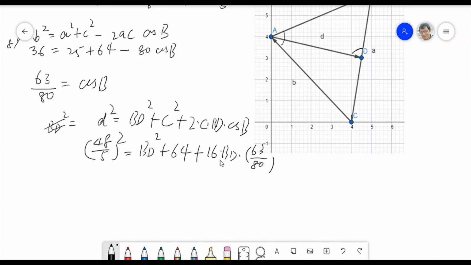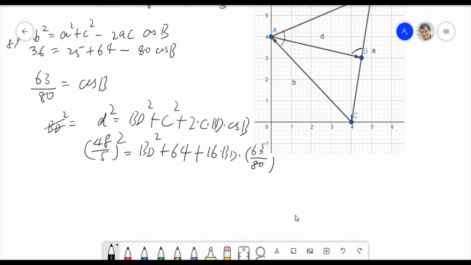Plus 16 times BD times 63 over 80. 16 times 8 is, yeah, this is exactly 5, so this can be simplified.